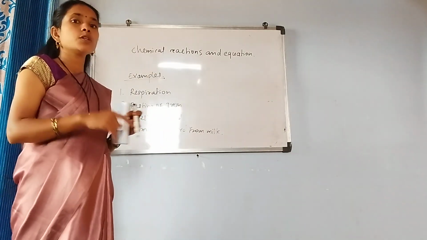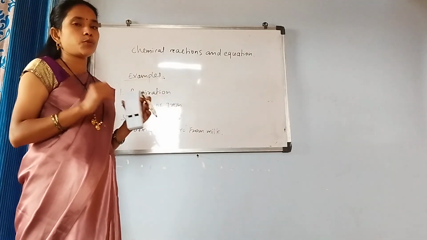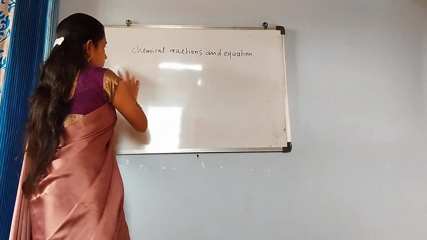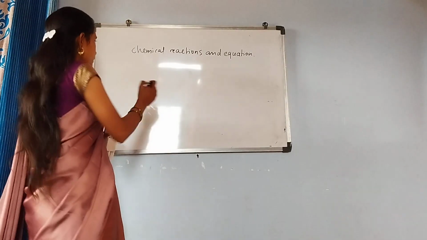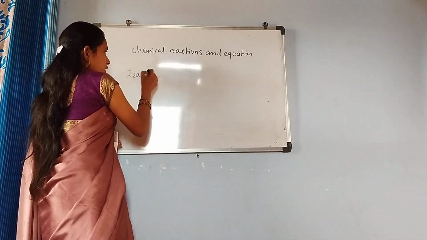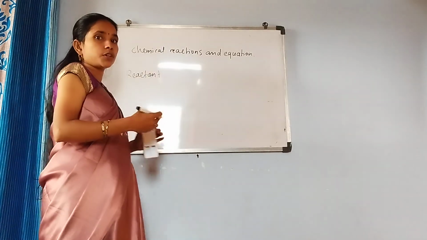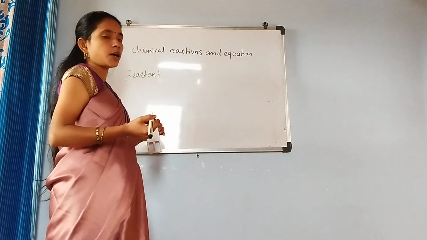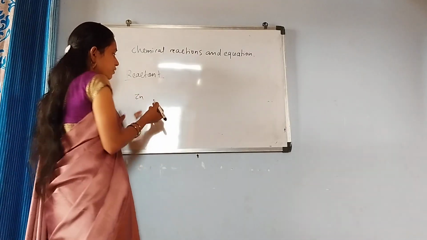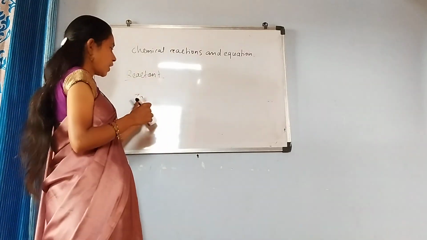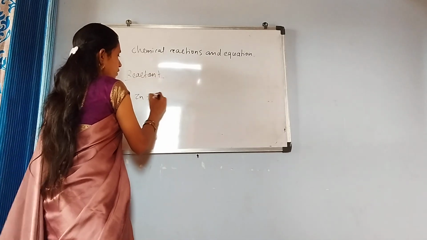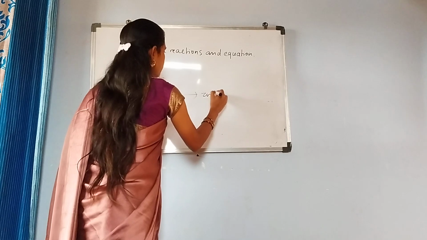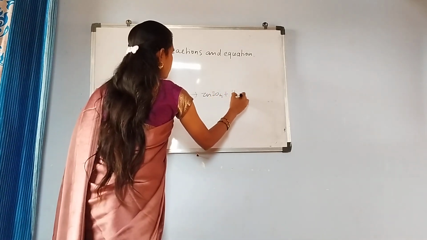So mainly I will discuss what a chemical reaction is, and what the reactants and products are. First we will discuss the reactants. What is meant by reactants? In a reaction, the substances which are involved, which are taking part in the reaction, we call them reactants. For example, this is one reaction in the textbook, that is the reason I have taken this example: zinc plus sulfuric acid gives zinc sulfate plus H2 as a gas.